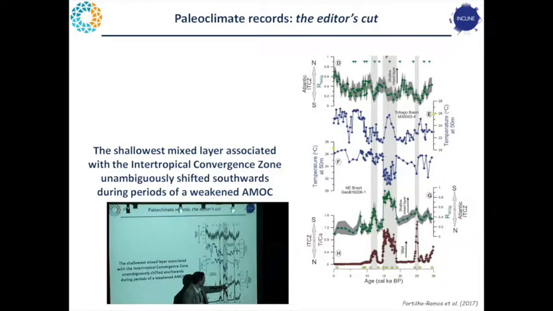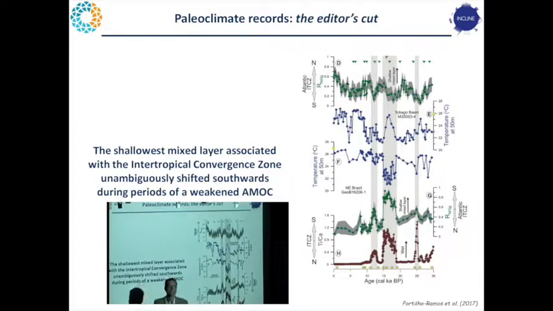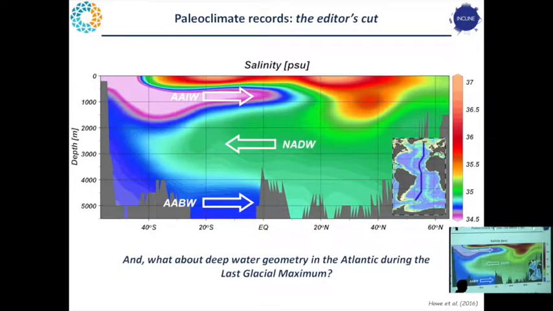Off northeastern Brazil, there is a very shallow mixed layer, whereas to the north of the equator, there is a much deeper mixed layer. The depth of the mixed layer there is very much related to the position of the Atlantic intertropical convergence zone. These are only examples to show how big the impacts were.